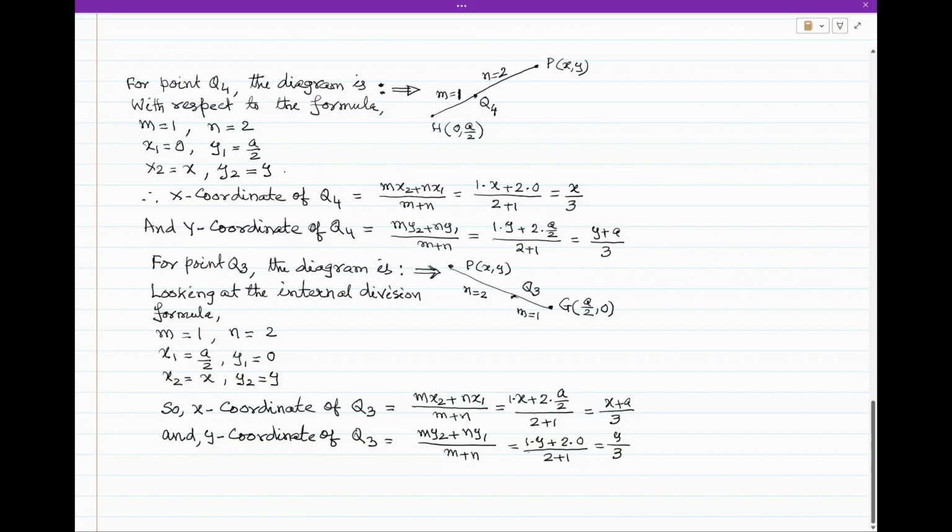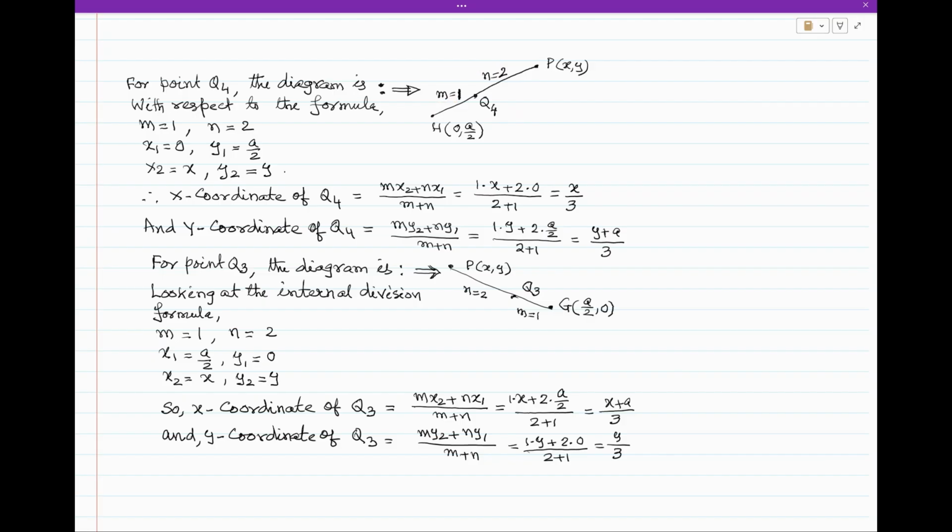Now, let us apply this formula to our particular case. For point Q4, one end, that is H, is at 0, a by 2. The other extreme point P has coordinates x and y, and in between the point Q4 divides the line HP in the ratio of 1:2.